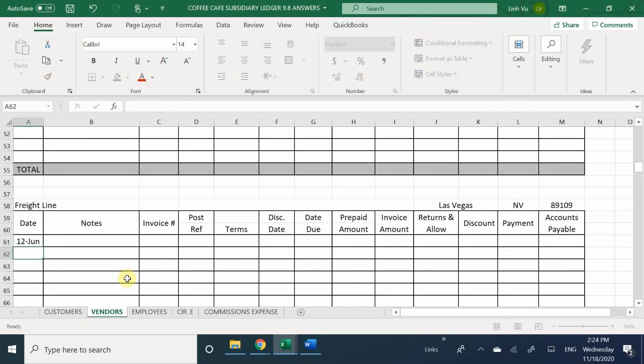Date, there you go. Notes: 250 pounds coffee. And you could even enter in Atlas, so you know where it came from. Atlas Coffee Imports.